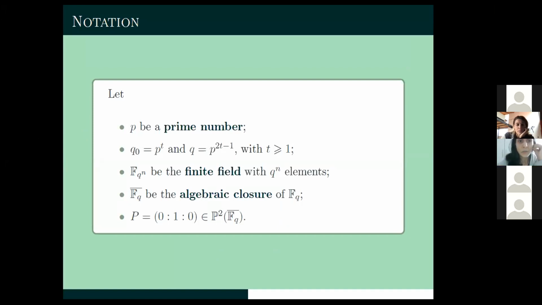Let P be a prime number, Q0 a power of this prime, and Q is related to Q0 as Q equals Q0 squared over P. Also, we fix the finite field F_{q^m}, consider its algebraic closure, denoted by F_q bar, and consider this point of the projective plane, the point (0, 1, 0).